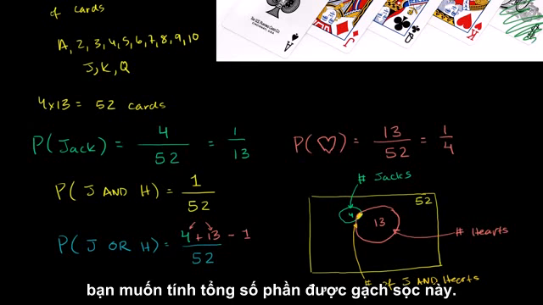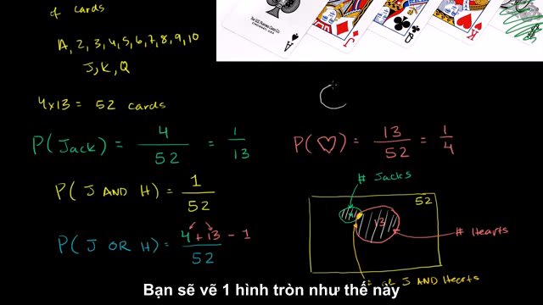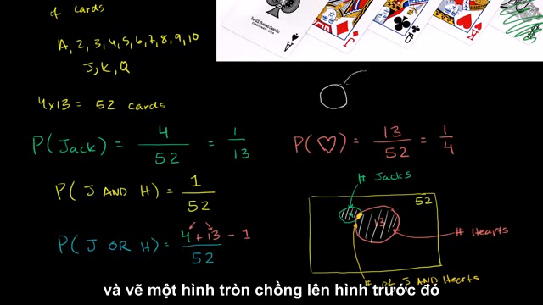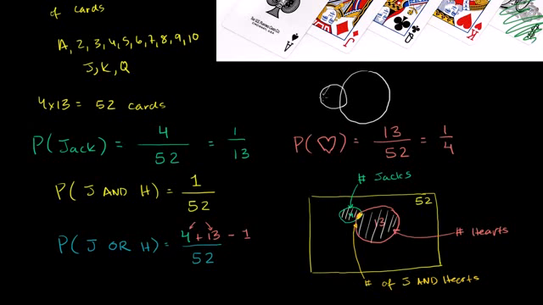Another way to think about it is, you really want to figure out the total area here. You want to figure out this total area. And let me zoom in, and I'll generalize it a little bit. So if you have one circle like that, and then you have another overlapping circle like that, and you wanted to figure out the total area of both of the circles combined, you would look at the area of this circle, and then you could add it to the area of this circle.